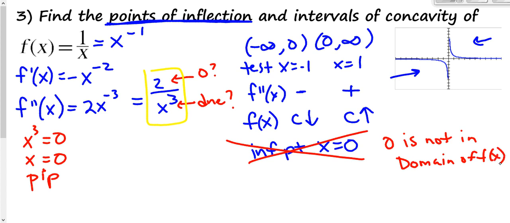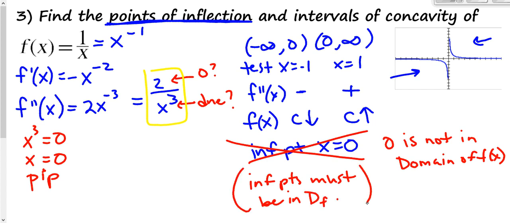It has to be a point in the domain to be considered an inflection point. Now, there's still a change in concavity, but we just don't officially have an inflection point.